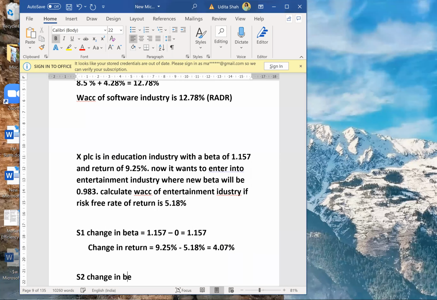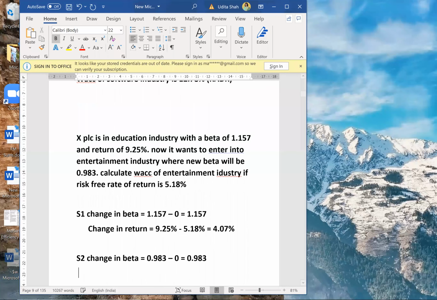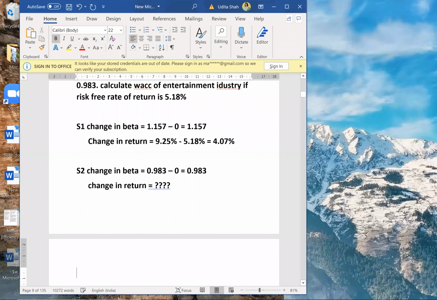Step 2, change in beta will be how much? Change in beta will be new industry beta, that is 0.983 minus government beta, that is 0, that is 0.983. And change in return, I don't know that. So now we'll cross multiply.